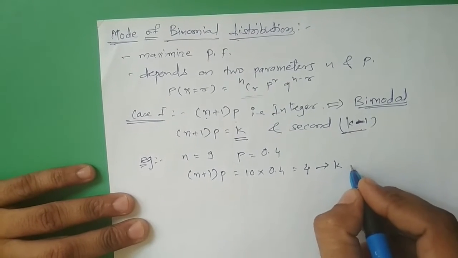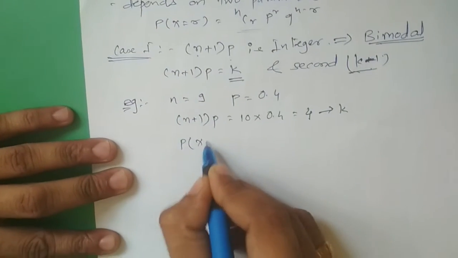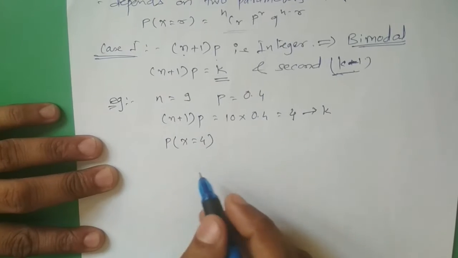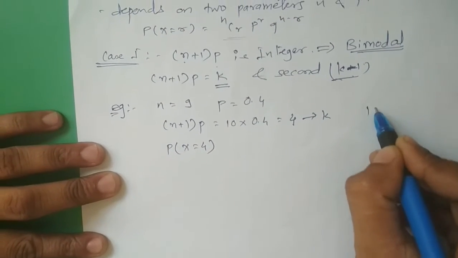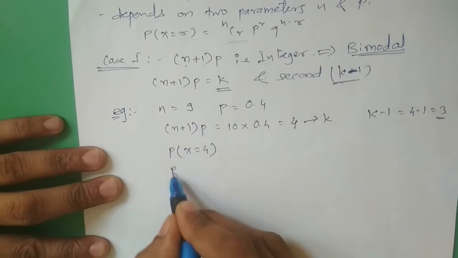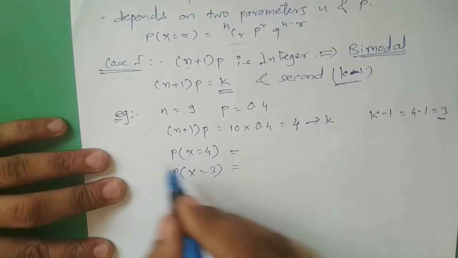At this point we will get a maximum probability, that is when you put P(X = 4). And the second value is k minus 1, so 4 minus 1, which is equal to 3. So P(X = 3) also gives a maximum probability.